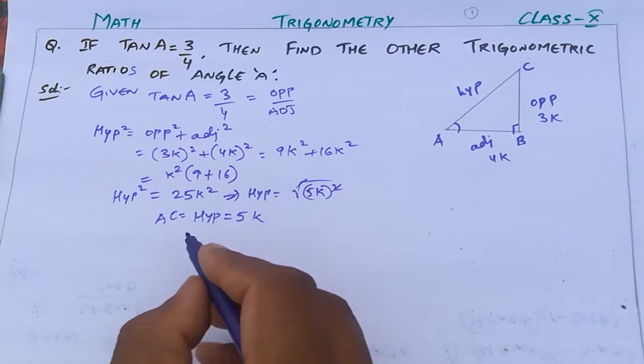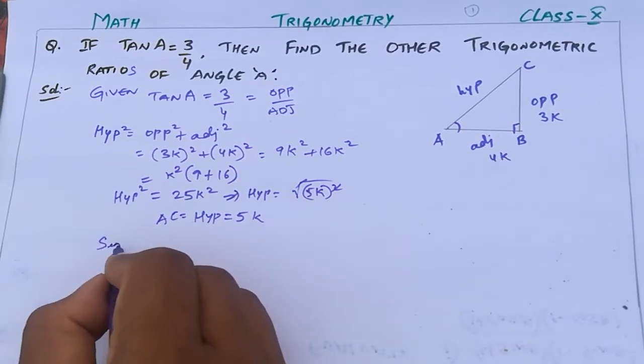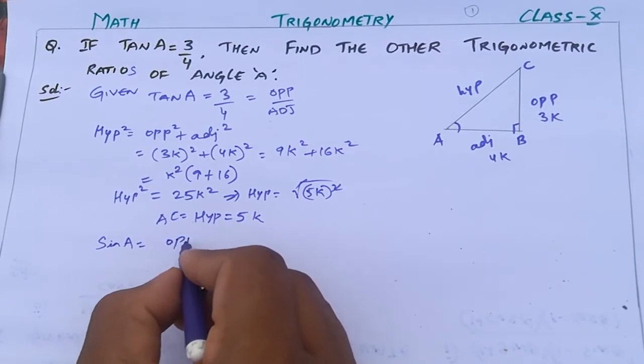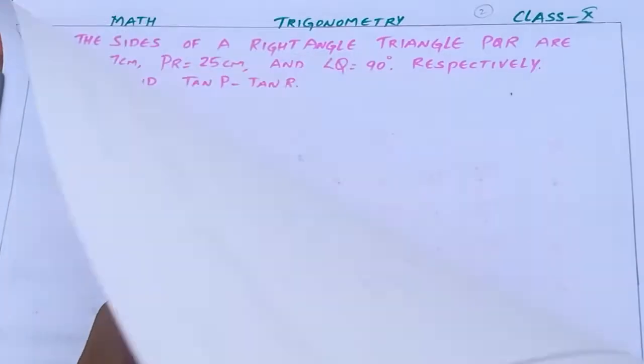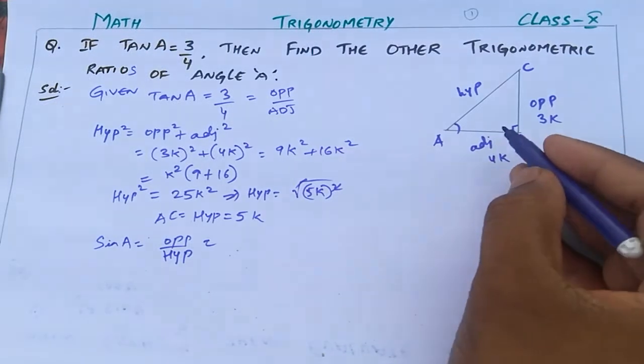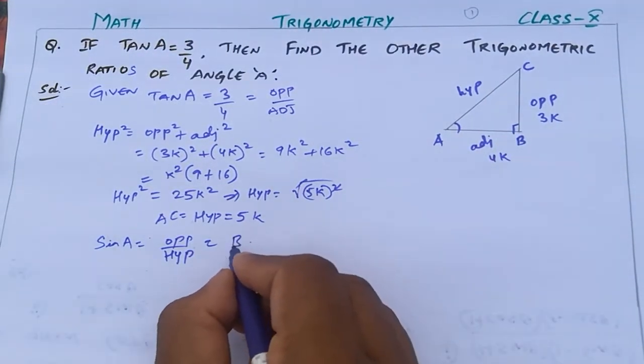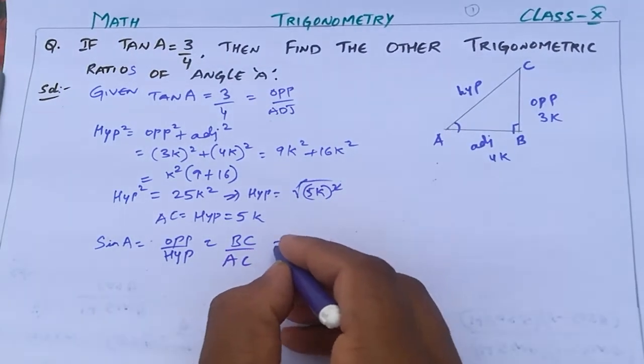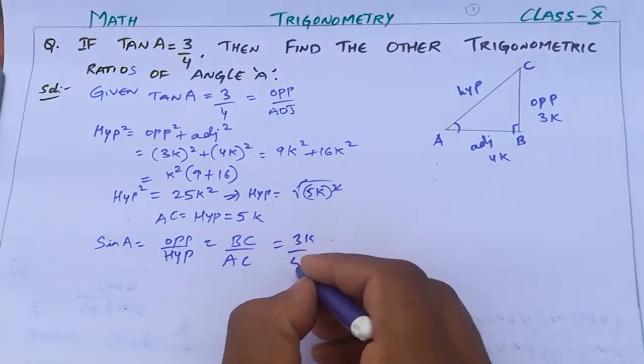What is the use of finding this? In sine and cos we have the hypotenuse. So sine A equal to opposite by hypotenuse. Opposite means BC, by hypotenuse which we got as AC. So BC is 3k by 5k.